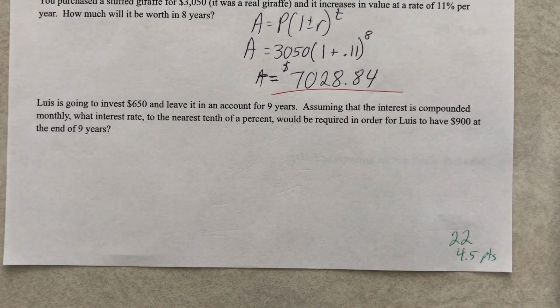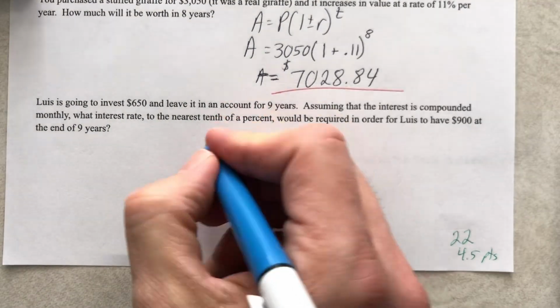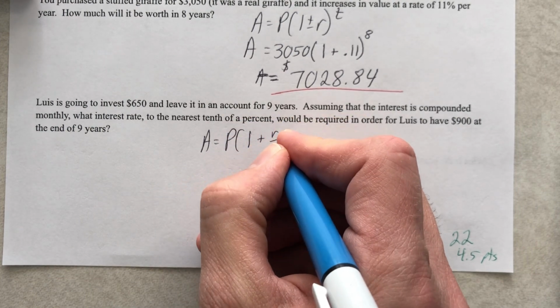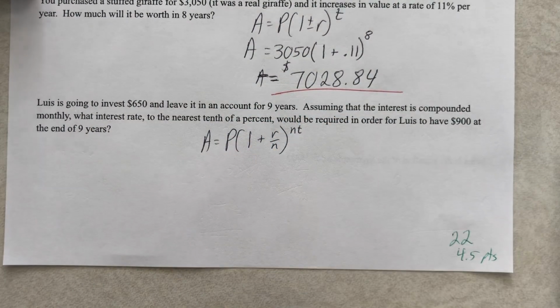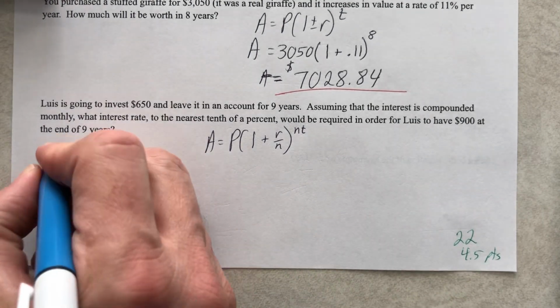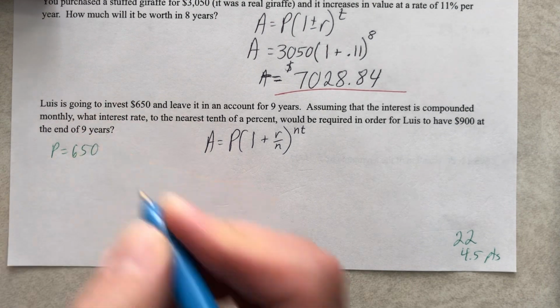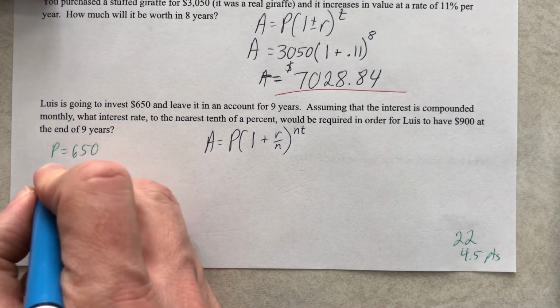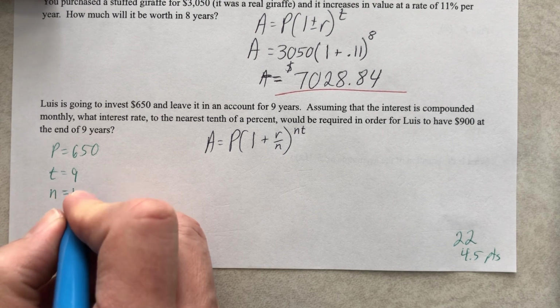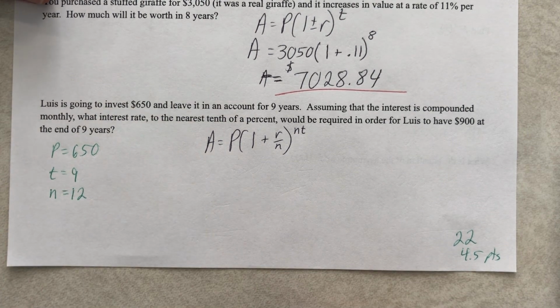Okay, feeling overwhelmed? Here's what I know. Money in an account. I'm going to do this on this problem. I'm going to list everything I know. $650. Okay, good to know. 9 years. Good to know. Interest is compounded monthly. That's 12 times a year. Good to know.